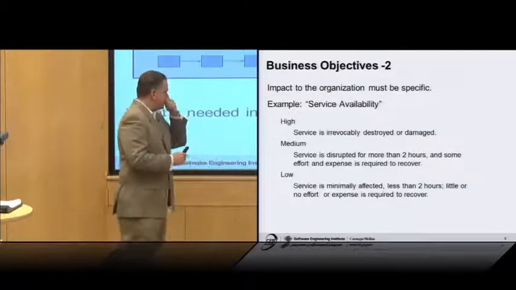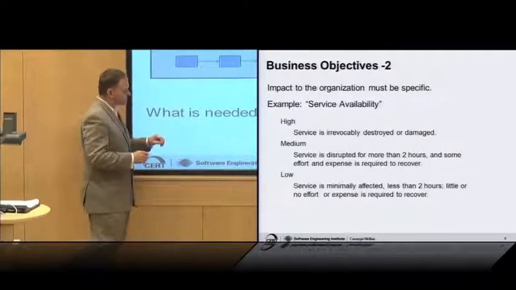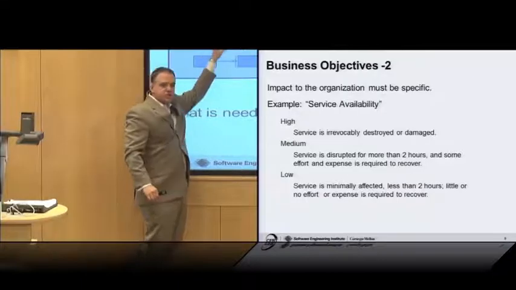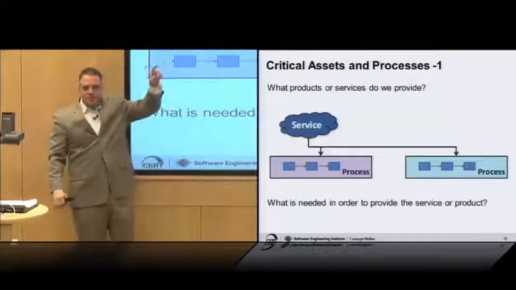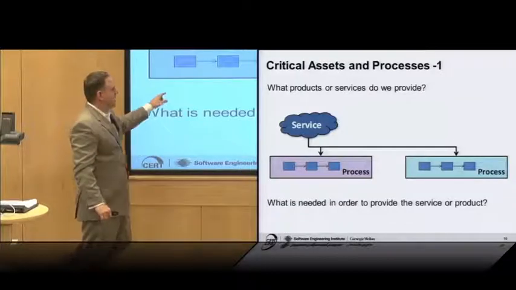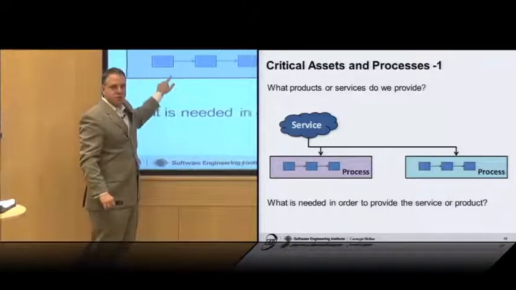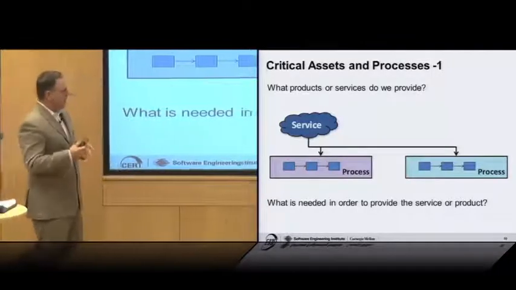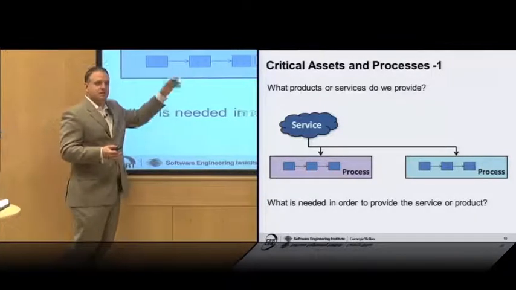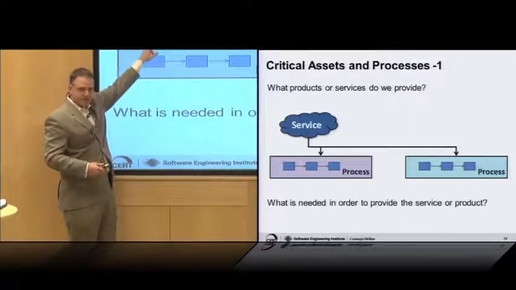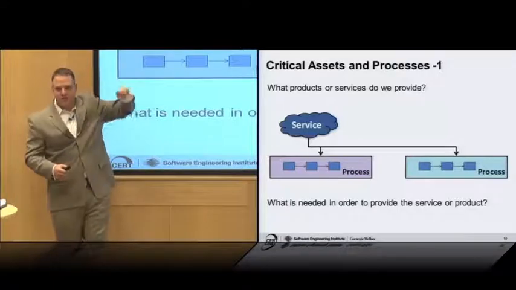Let's switch back to assets here. And again, you have business objectives, right? You probably do some type of service to meet those business objectives. As part of that service, you have certain processes that you run to do those services. How do you do these processes which provide those services which meet your business objectives?